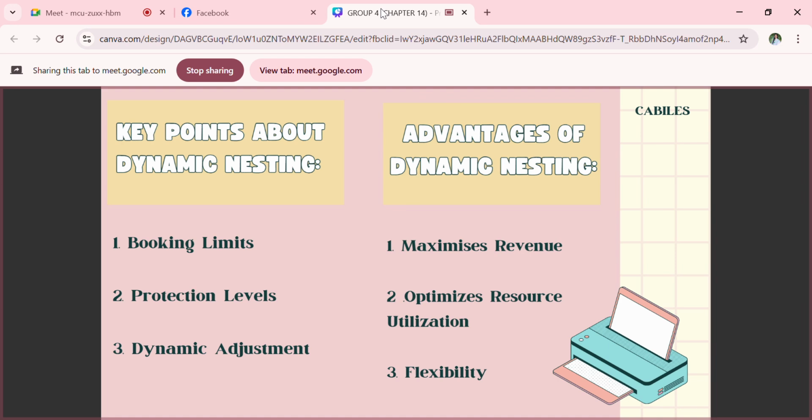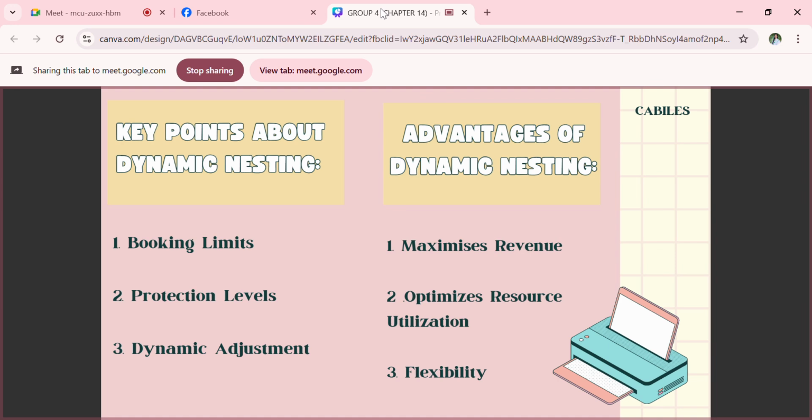Protection levels determine the number of seats reserved for high fare classes. As lower fare seats are filled, the protection level for high fare classes increases. Third is dynamic adjustment. The booking limits and protection levels are dynamically adjusted as bookings are made. This ensures that high fare seats are protected for customers who are willing to pay more.